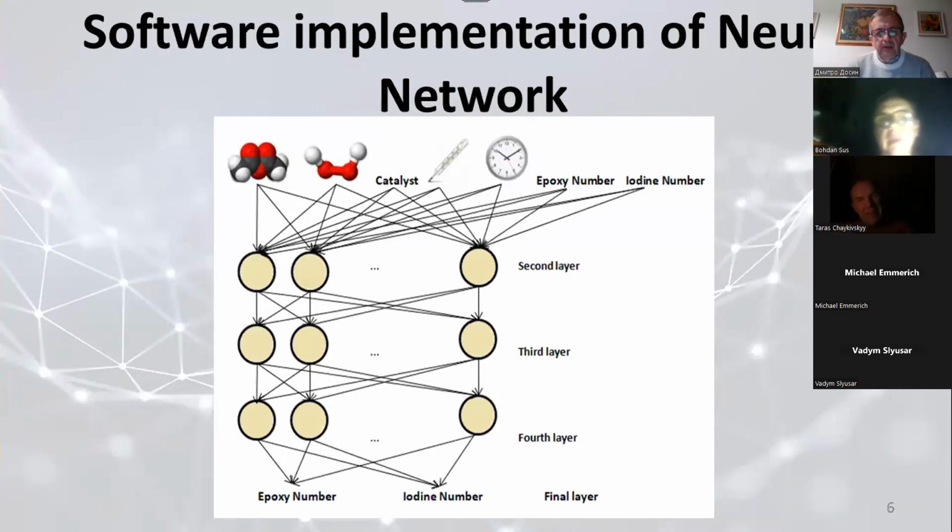Yes, it's a very simple feed-forward neural network, but this simple structure was optimal for calculations with a small amount of input data. We didn't need a more complicated architecture, because we didn't have a lot of data for learning.